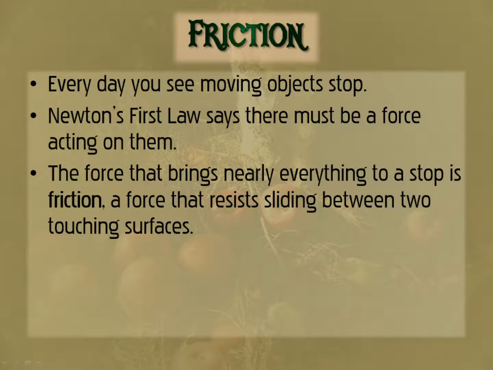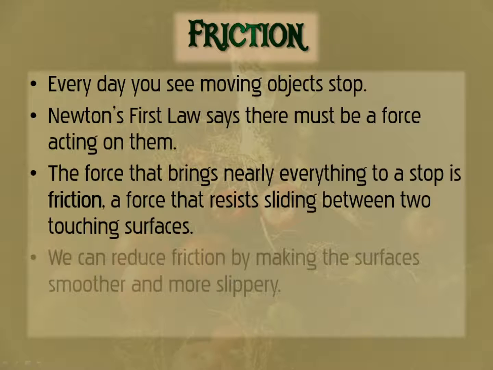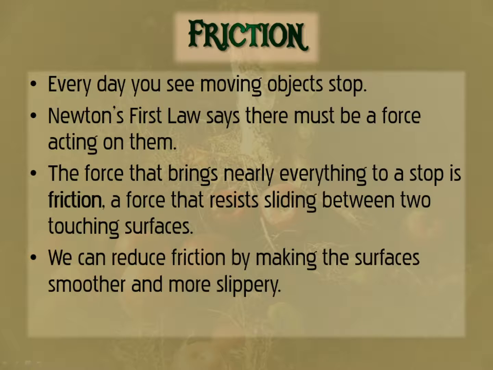It just moves in the opposite direction of the motion. So we can reduce friction by making surfaces smoother and more slippery, and that makes it harder for the surfaces to catch on each other. But friction, as far as we can tell, will always be more than zero under normal conditions.